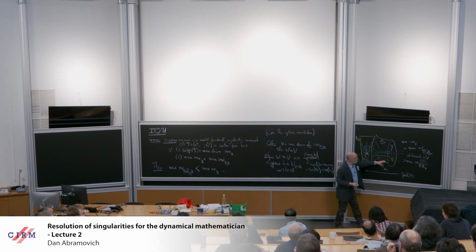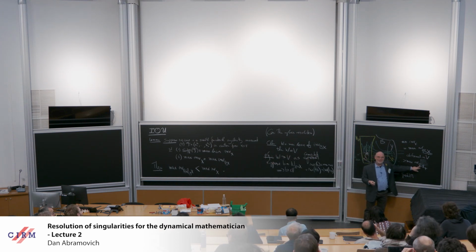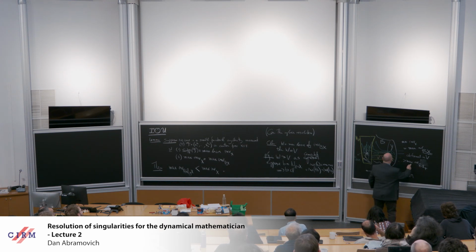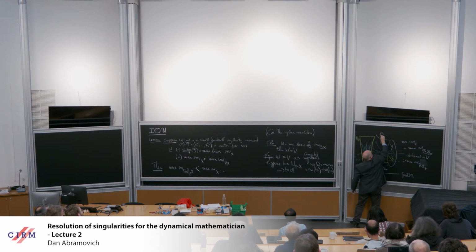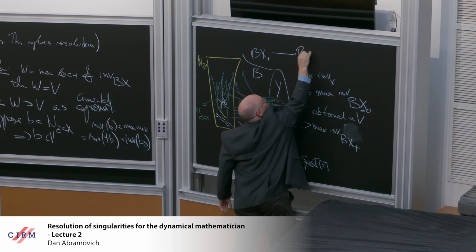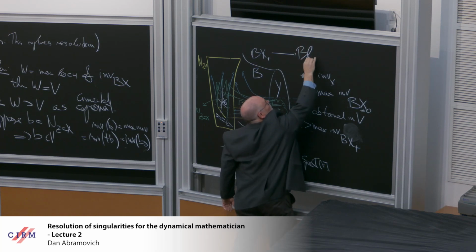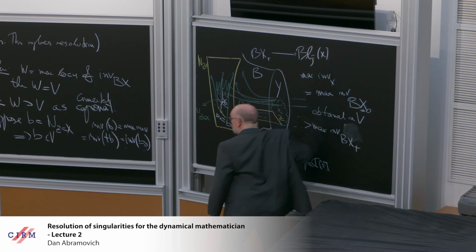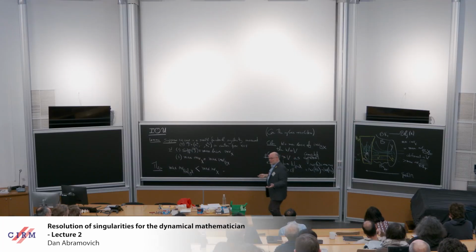So I got this. But what do I know? I know that the blow up, so I have Bx plus, maps to the blow up. And this map is just a group quotient.